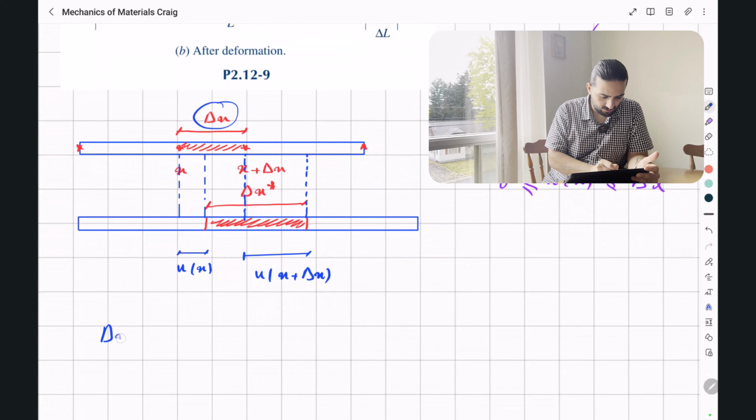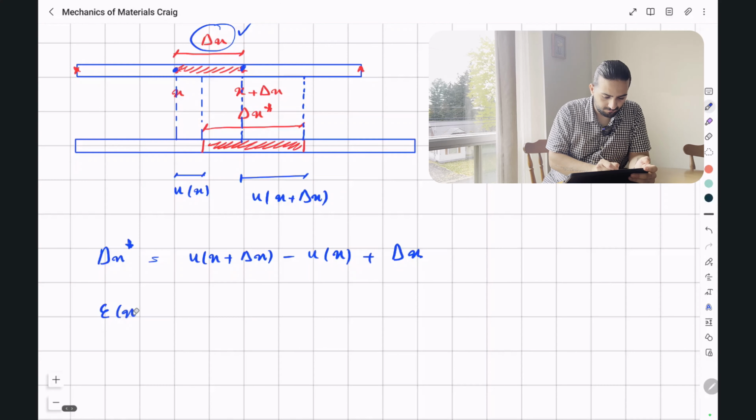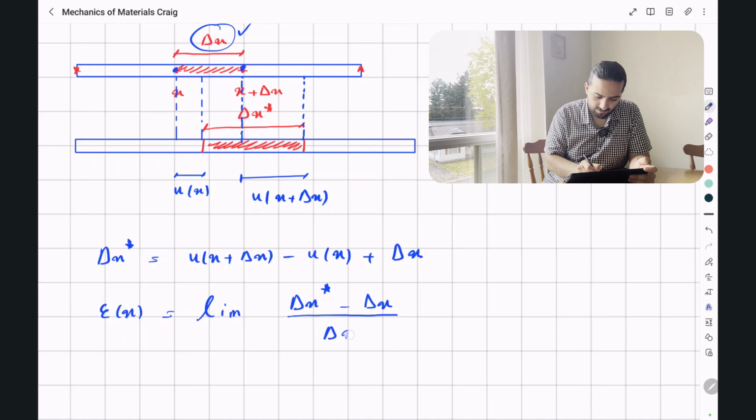Now our delta x star will be this Ux plus delta x movement of this point minus movement of this point Ux plus this original delta x. And we know our strain is the limit of our delta x star minus our delta x divided by delta x, when delta x approaches 0.